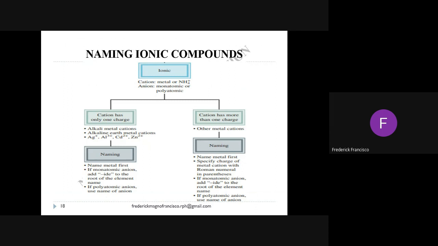With the important exception of the ammonium ion, all cations of interest to us are derived from metal atoms. Metal cations take their names from the elements. The anion is named by taking the first part of the element name and adding -ide.